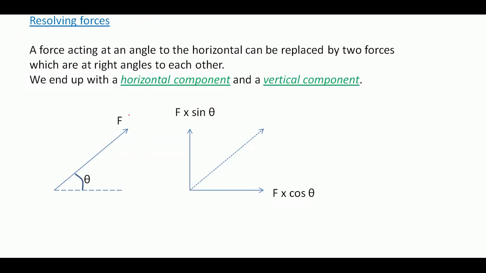Now, a force acting at an angle to the horizontal can be replaced by two forces which are at right angles to each other. So we end up with a horizontal component and a vertical component. Suppose we have a force F acting at some point O. We can replace this force which is acting at an angle theta with two forces which are at right angles to each other.